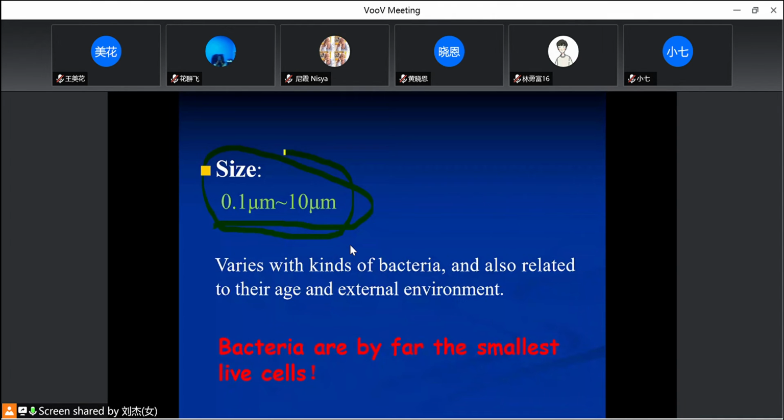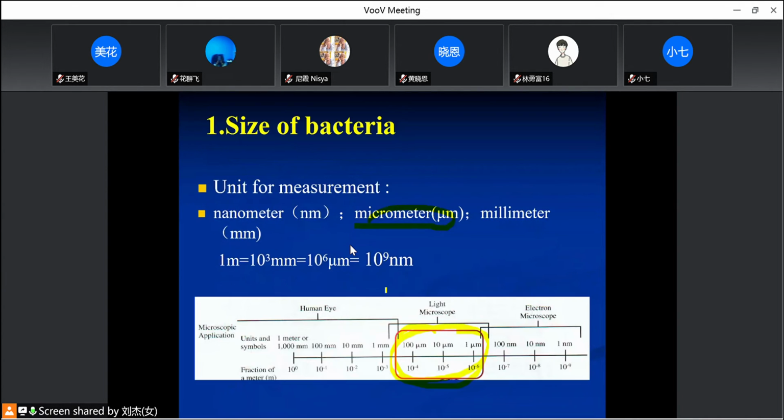Most bacteria are between these two sizes. The maximum is 10 micrometer, and the minimum is 0.1 micrometer. However, some of them can be even larger than that, but most of them are just like this. Okay.